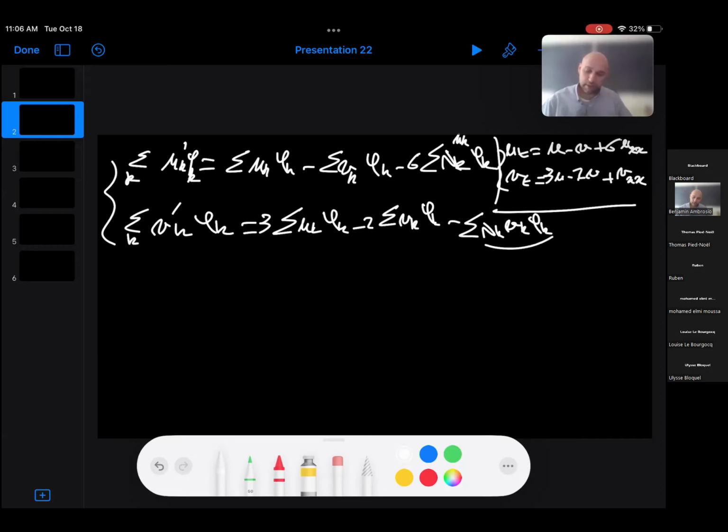So here and here I use the fact that phi_k'' equals minus lambda_k phi_k. When I take the derivative with respect to x, it acts on phi_k, while u_k is a function of t.